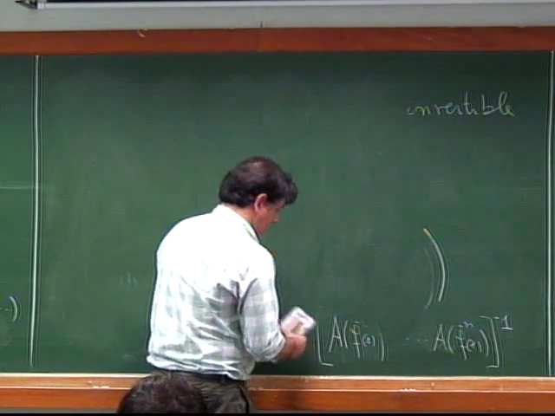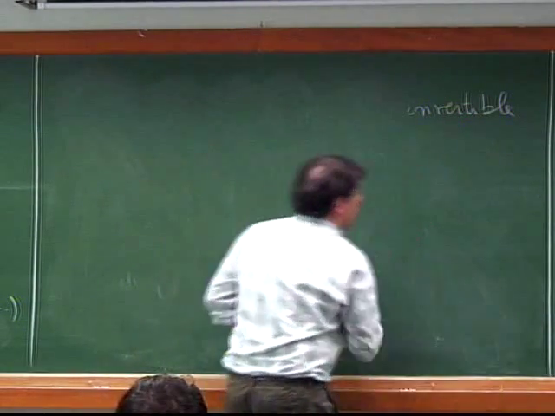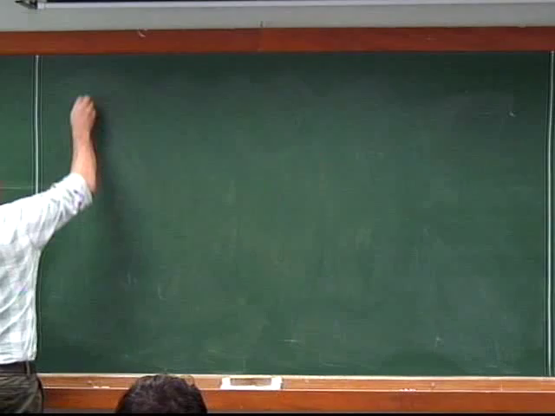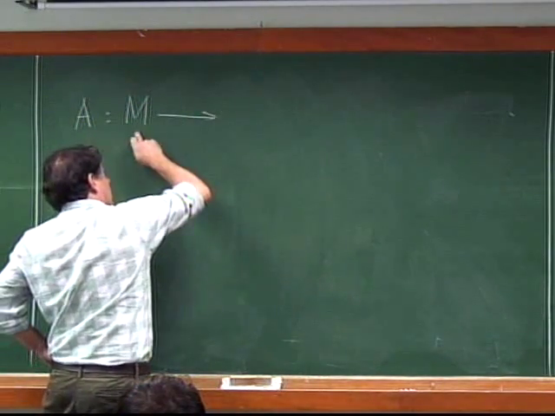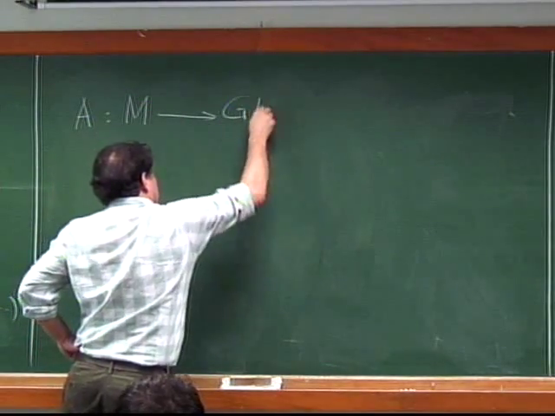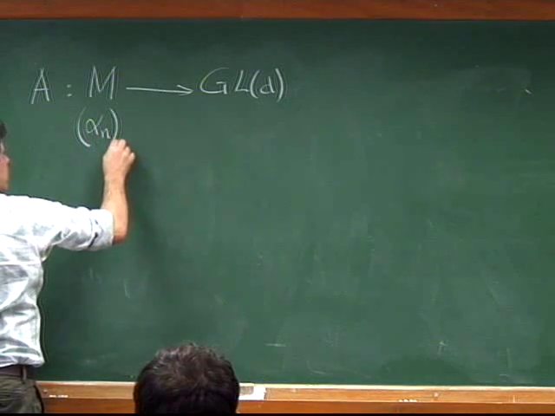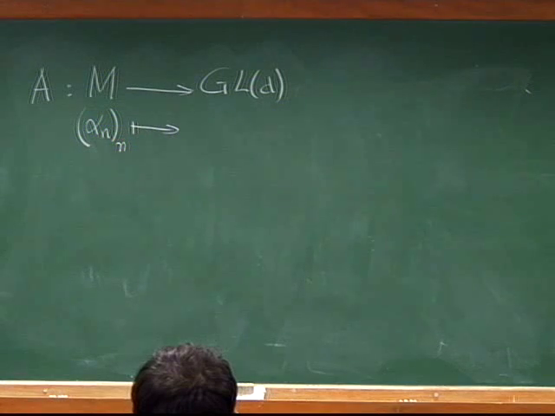So take this F and take A. A is a map from M to GLd. It starts with a sequence, and I choose A to be the projection on the 0th coordinate, alpha 0.